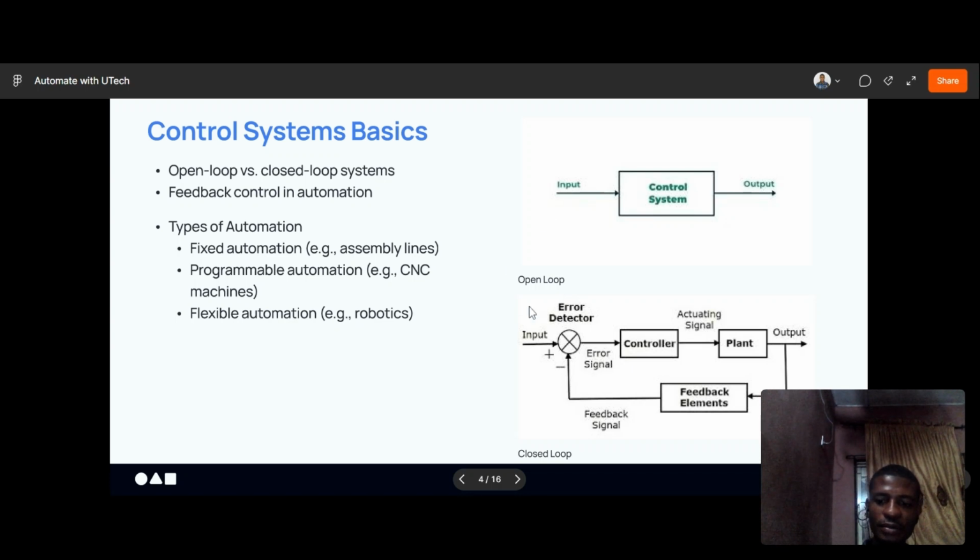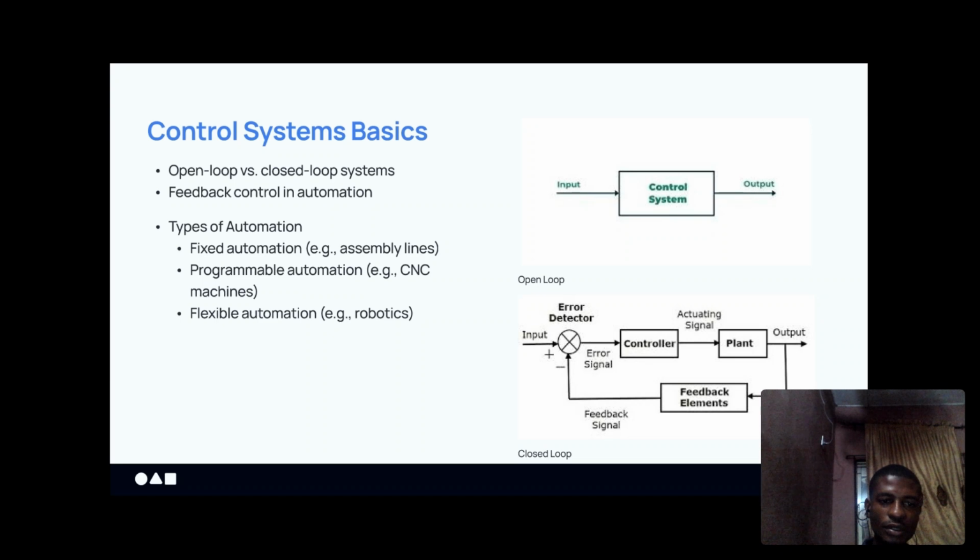Then, types of automation. There's fixed automation, for example, assembly lines. Those are fixed permanently; they don't change them that much. There's programmable automation.